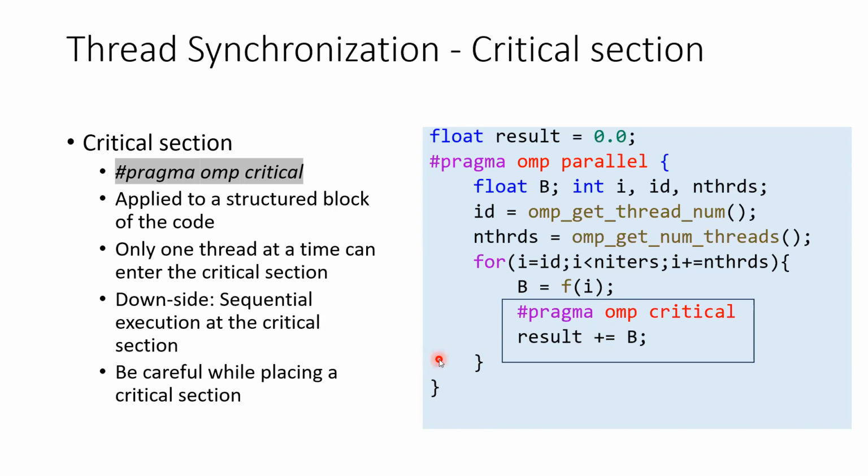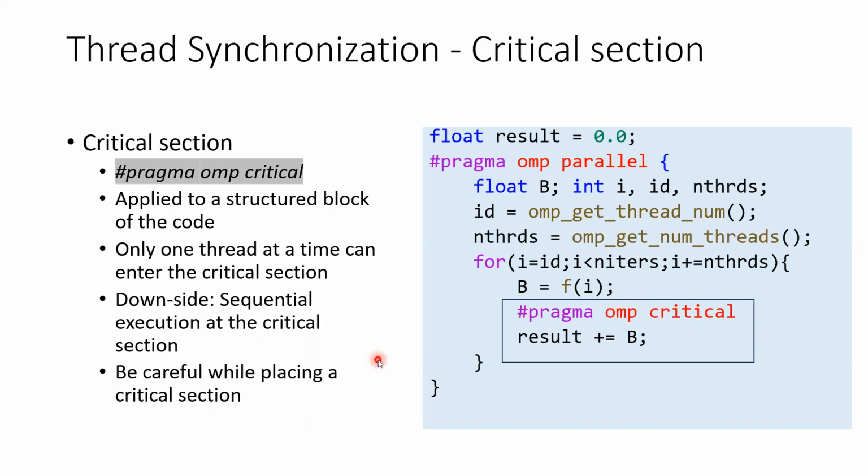Yes, sir. Okay, so can anyone tell me what is the problem with this? As I mentioned, the critical construct ensures that only one thread enters this. What is the problem with that? I have anyway written it here. The downside is sequential execution at the critical section, because it sequentializes the execution at this portion.